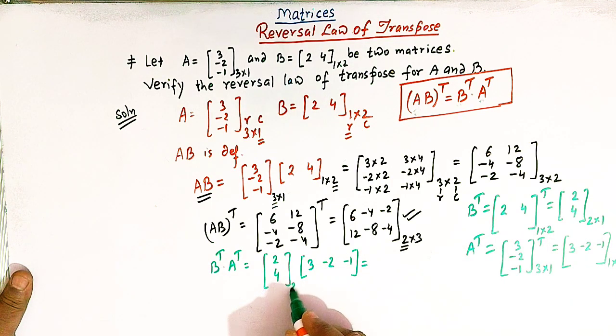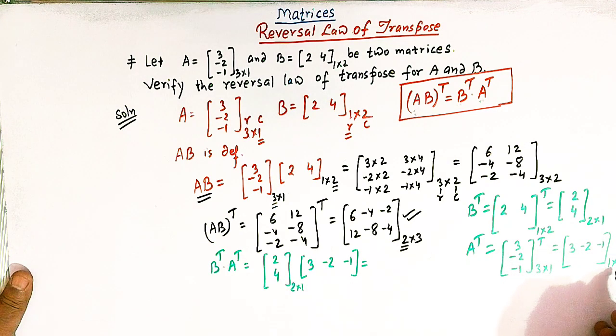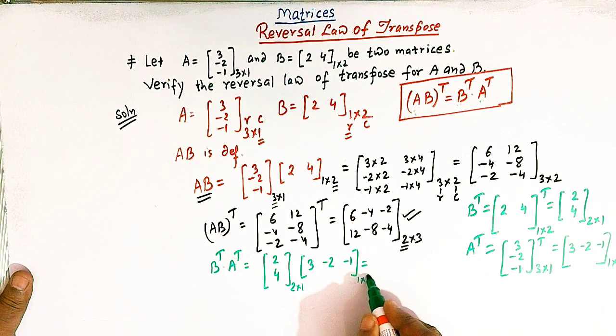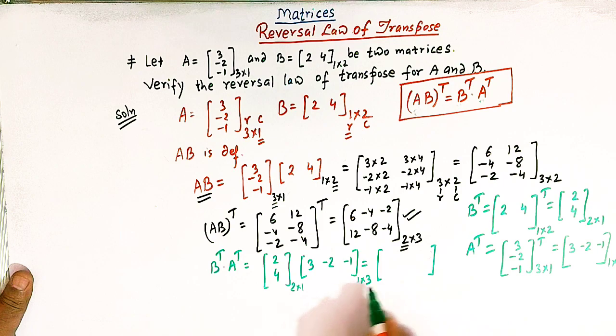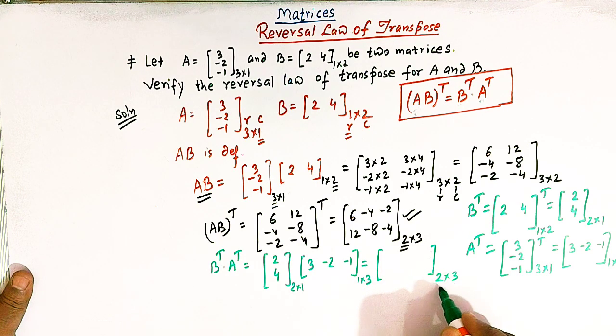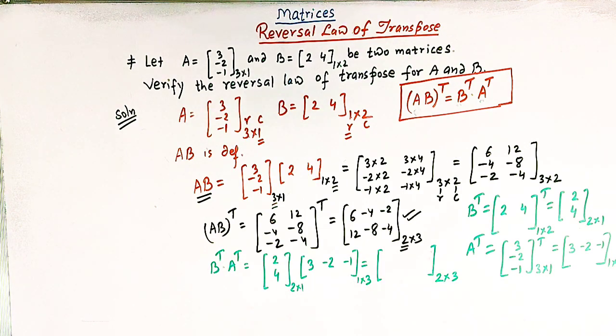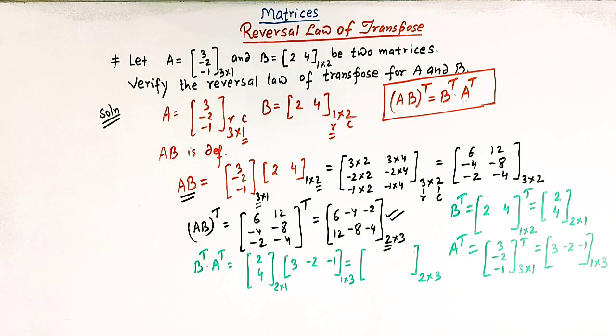So here we have 2 cross 1 matrix, here we have 1 cross 3. So now the resulting matrix would be 2 cross 3, right? So 2 rows and 3 columns.